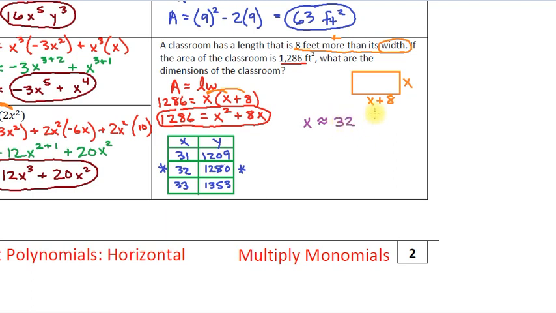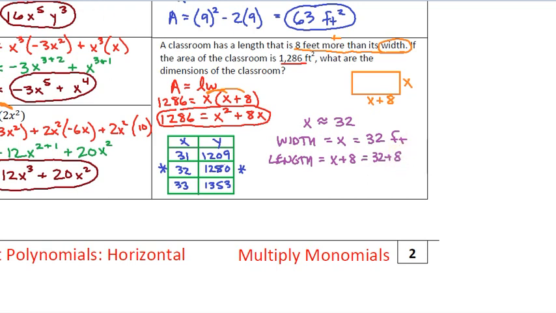Okay, if x is approximately 32, that means our width, which is equal to x, is equal to 32, and our unit of measure is feet, and our length is equal to x plus 8, and that's 32 plus 8.